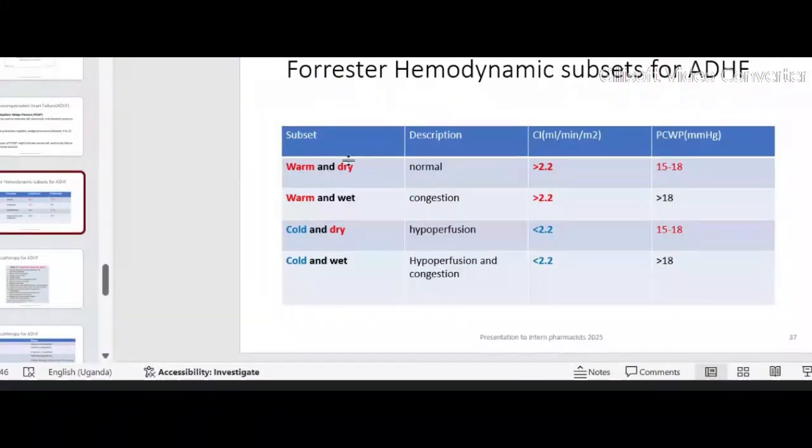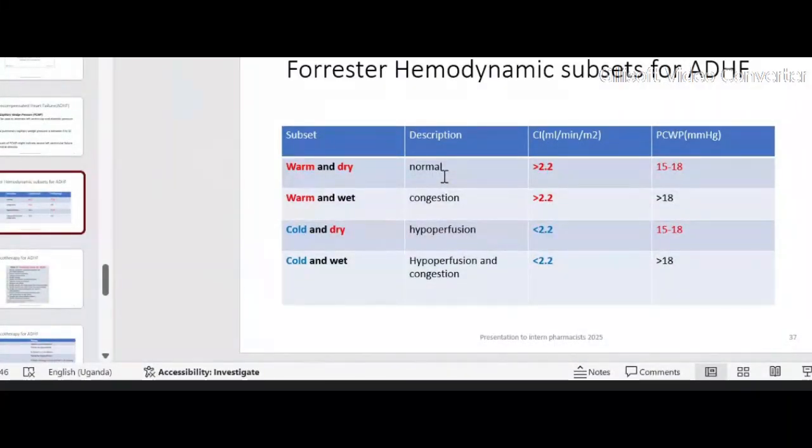A patient who is dry has a pulmonary capillary wedge pressure that is not the normal one, but for heart failure patients, this is what makes them dry. However, when it goes above 18, they become wet. If your patient is warm and dry, that's a patient who can go home.